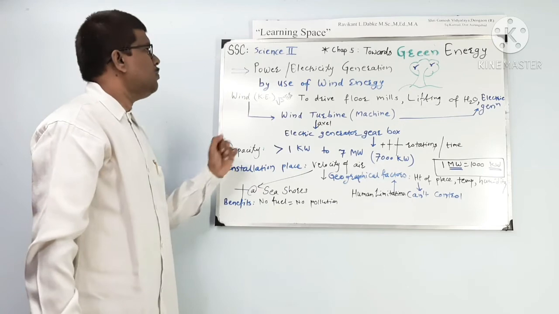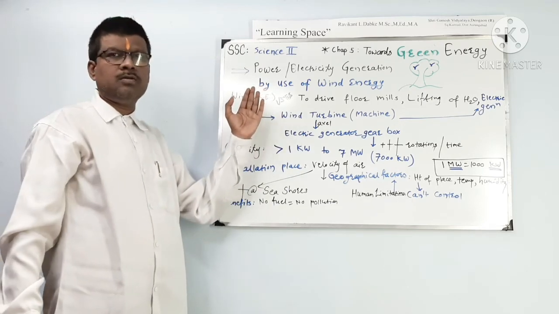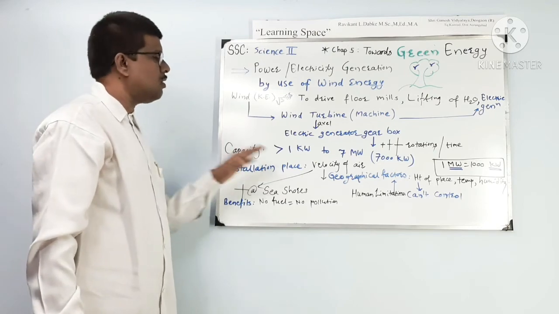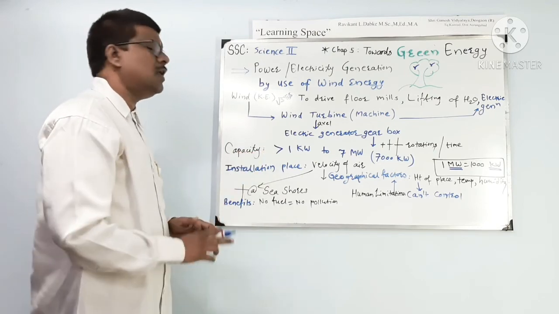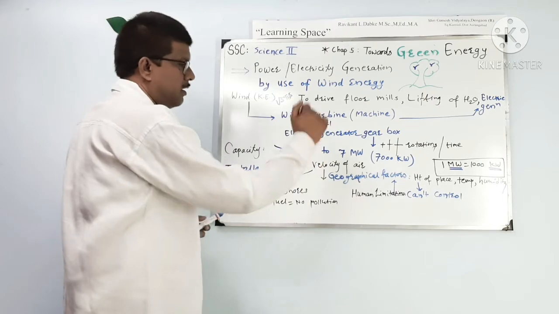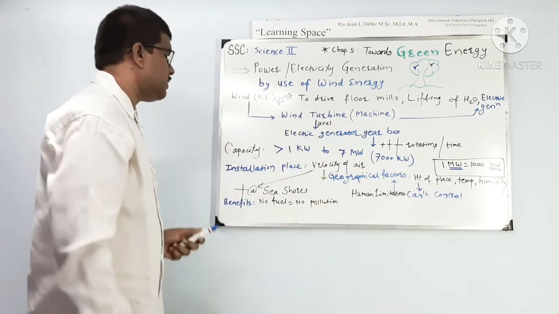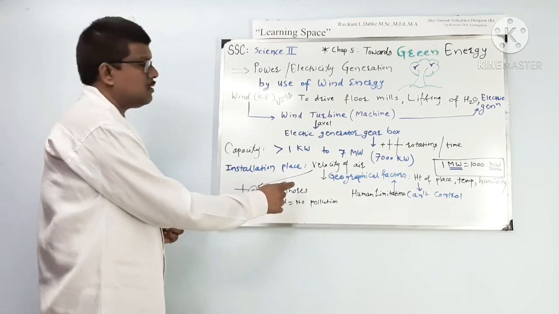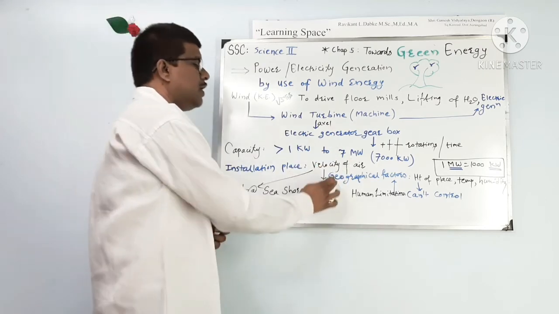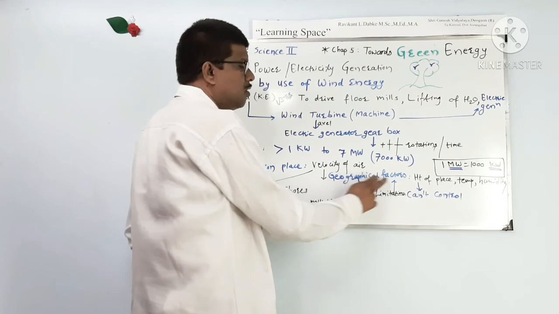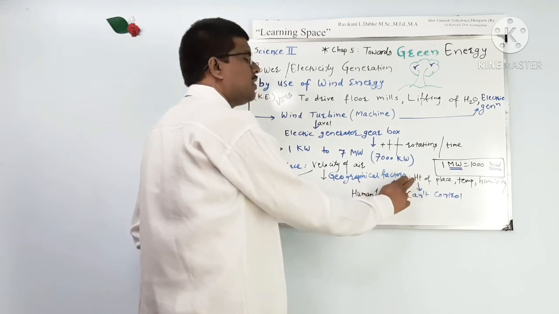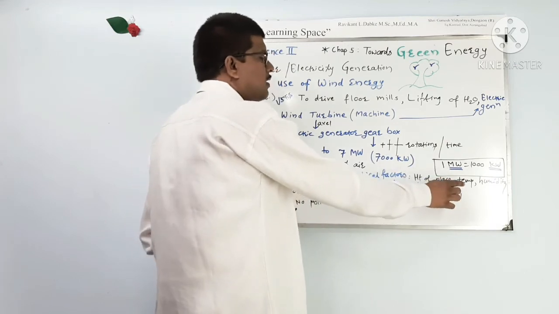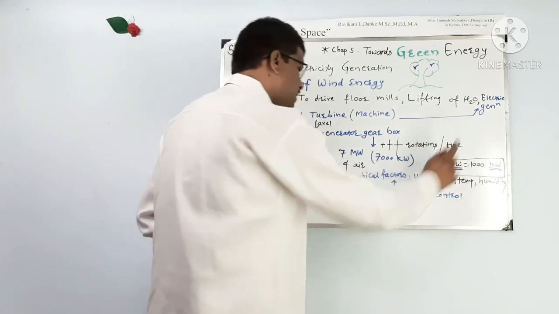Now we will proceed to where the power generation plant is installed. The proper place for installing a power plant depends upon the velocity of air, and the velocity of air is higher at seashores. Velocity of air depends on many geographical factors like height of the place, temperature and humidity.